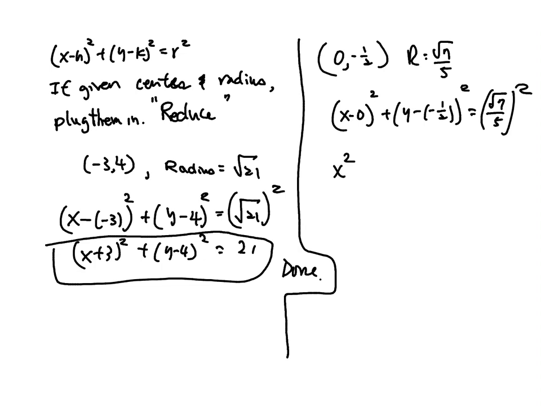Plus y minus minus becomes a plus, so y plus 1/2 quantity squared. The radius squared: when you square a fraction, you square the top and bottom. So the square root of 7 squared is 7, and 5 squared is 25.